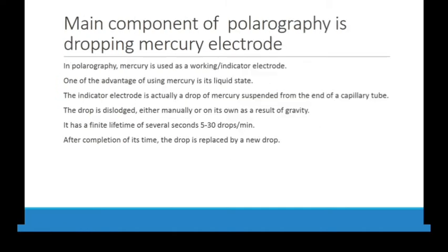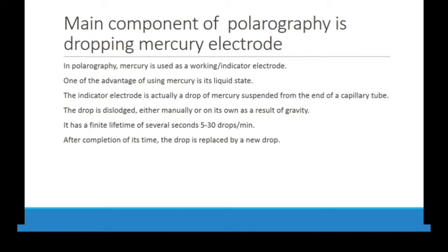So now we will talk about the dropping mercury electrode. In polarography, it is used as the working or indicator electrode. One of the advantages of using mercury is its liquid nature, that's why we are using mercury. The indicator electrode is actually a drop of mercury.